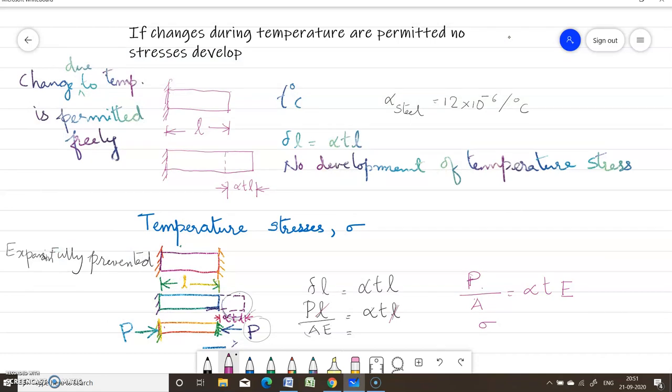So the temperature stress sigma is equal to alpha into T into E.